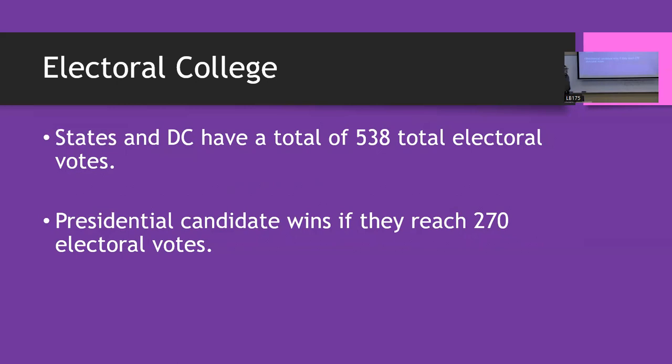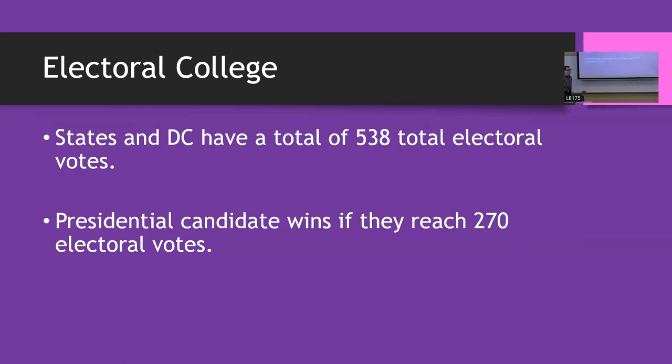So what needs to happen is one candidate needs to get 270 electoral votes to win. So it's this system where the states determine their own elections, and then they divvy out these electoral college votes.